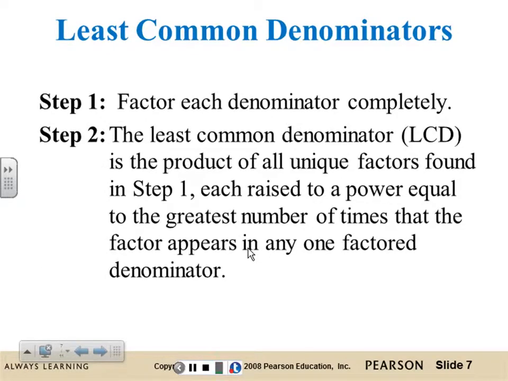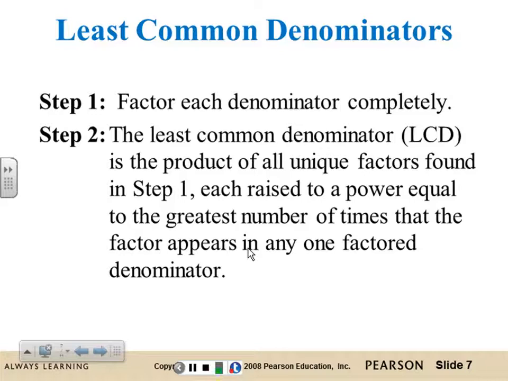Step 1, you're going to factor each denominator completely. And then the least common denominator, LCD, is the product of all unique factors found in step 1, each raised to a power equal to the greatest number of times that the factor appears in any one factored denominator.